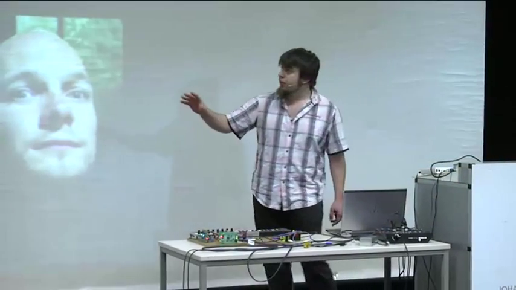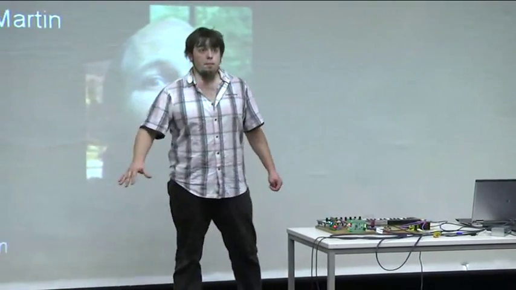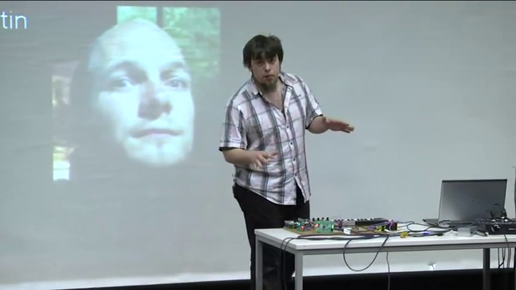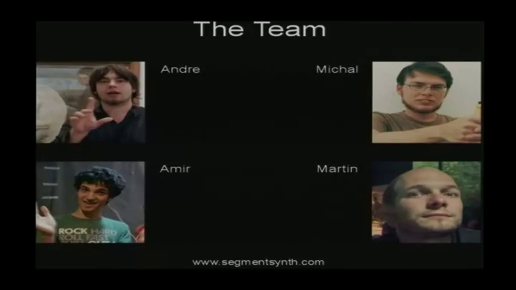So just briefly say what each of us are doing. I'm responsible for the DSP part of the synth and the synthesis itself. Michael is doing the hardware bits, putting things together, designing them so they all communicate and work well. Amir is mainly responsible for the USB host, which we had to implement ourselves.